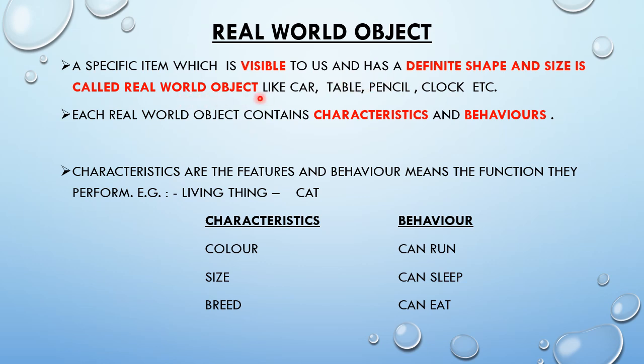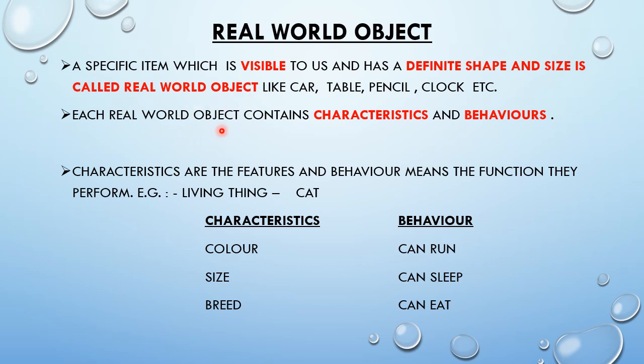Like car, table, pencil, clock, TV, bed, every item which is visible and has a definite shape and size is called a real-world object.